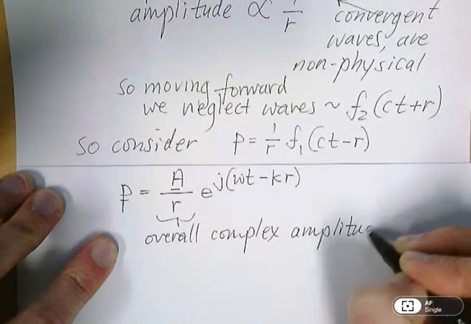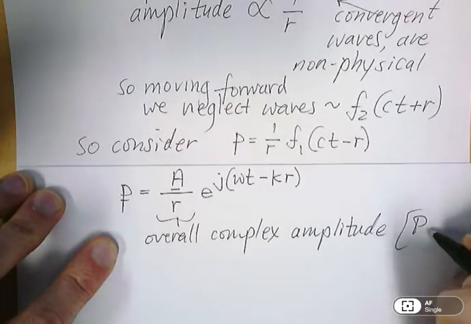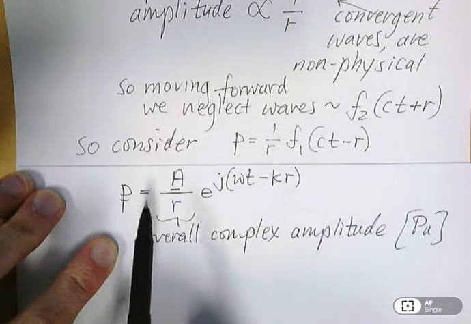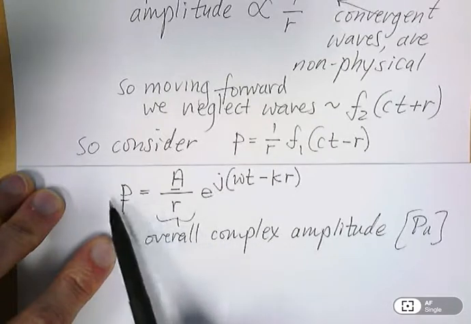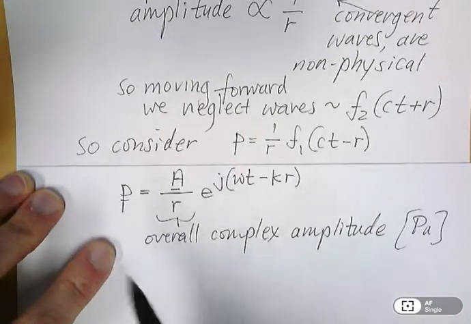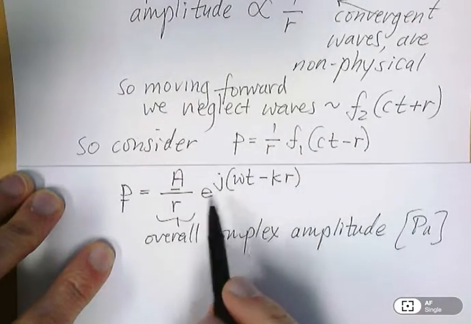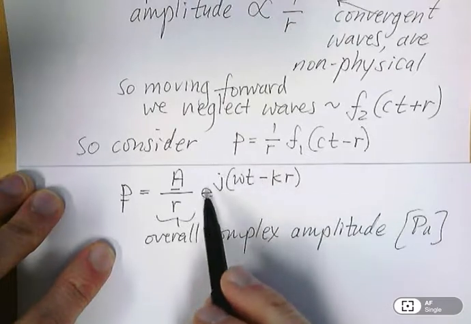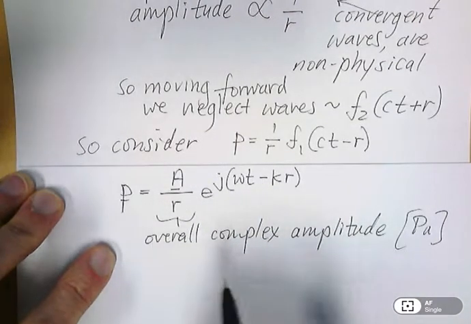So this together has units of pascals, which means the A here has units pascals meters in order to make the units work out on pressure. Whereas here what we have is that propagating component repeats every 2 pi, due to Euler's identity. But uniquely here we have that 1 on r relationship, which is what we're familiar with.